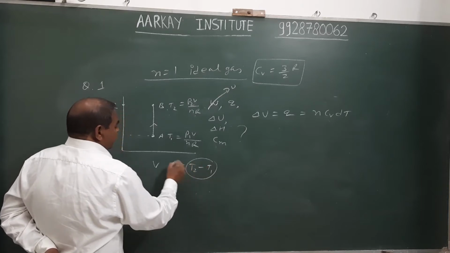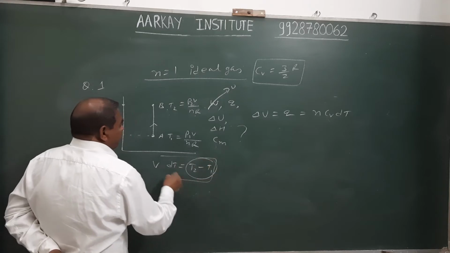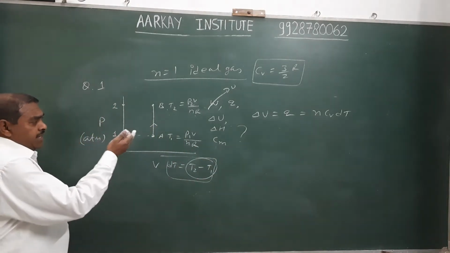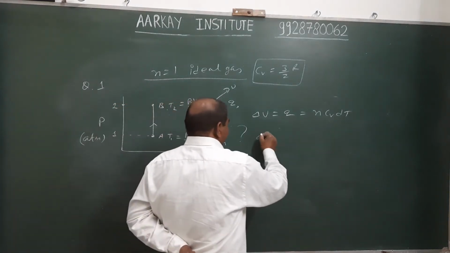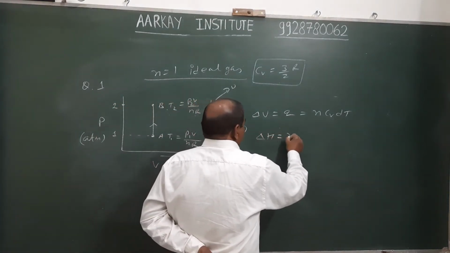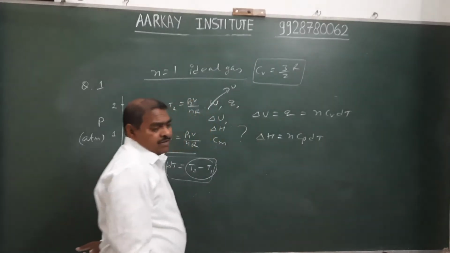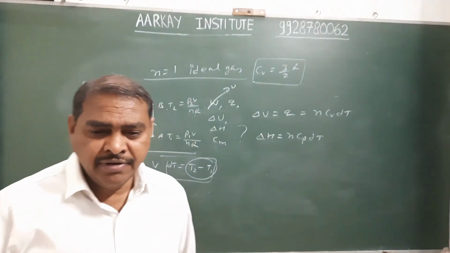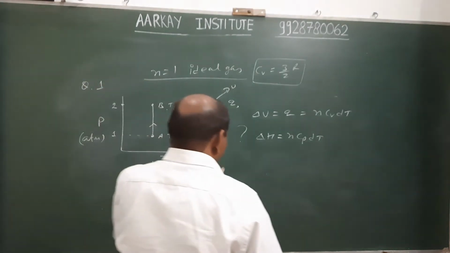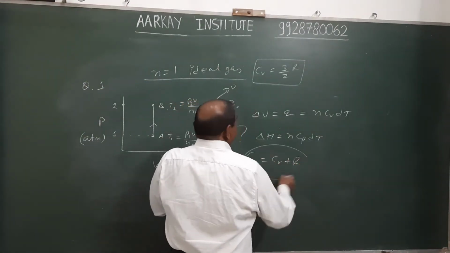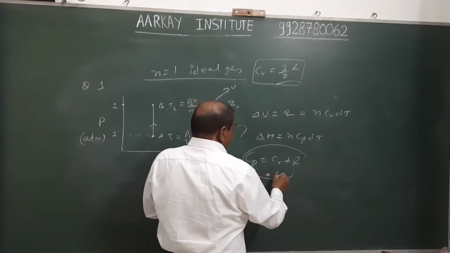With Cv given, we find change in internal energy. Also find enthalpy change with Cp dT. Cp of the gas is 5 by 2 R, because Cp equals Cv plus R. Cv is given as 3 by 2 R, and hence Cp is 5 by 2 R.